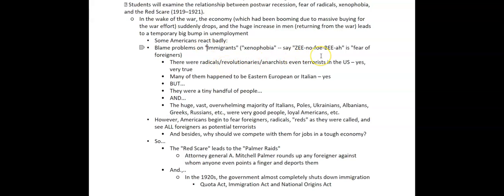Xenophobia is fear of foreigners. That's literally what it means. It comes from two Greek words. There were radicals and revolutionaries and anarchists and even terrorists in the U.S. Yes, there were. Many of them happened to be Eastern European or Italian. Yes.